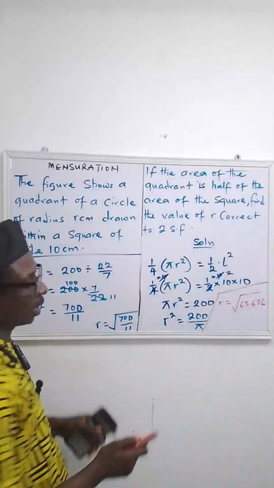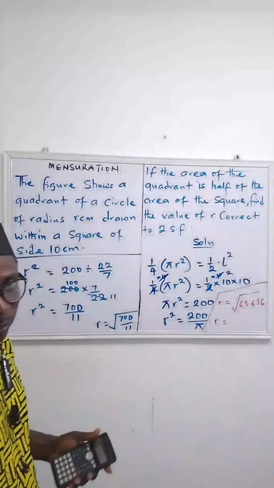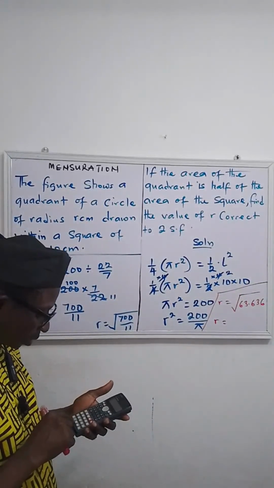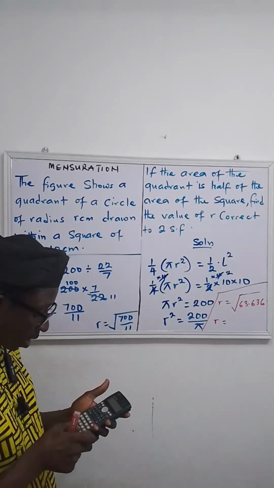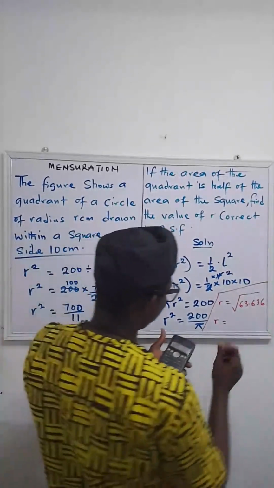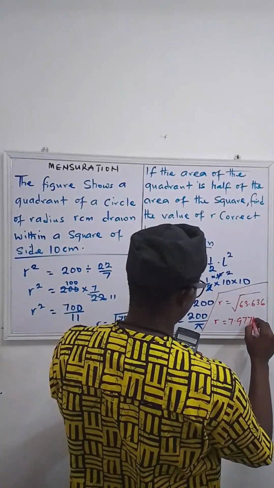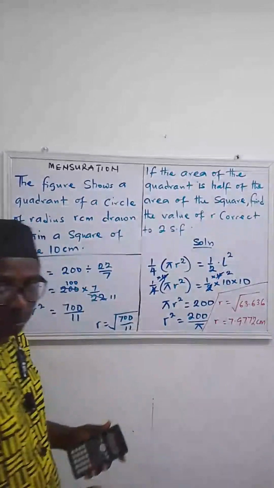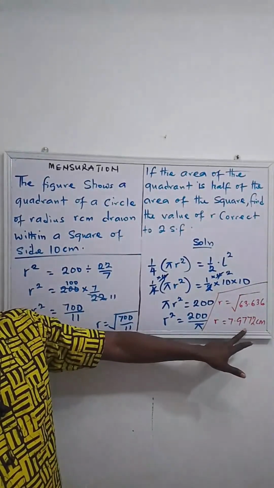Okay, and when you find the square root of that, maybe it's the same thing as what you have there. Oh, yes, that is it. So we have 7.9772 centimeter. Okay, so that is the radius.